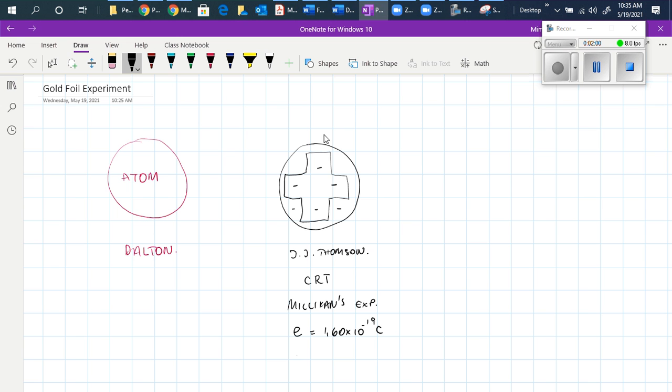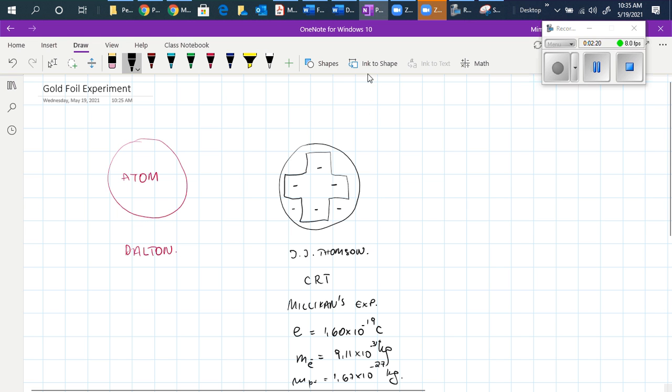The mass of the electron is 9.11 times 10 to the power of negative 31 kilograms, and the mass of the proton is 1.67 times 10 to the power of negative 27 kilograms. Later on, the presence of the neutron was discovered in the nucleus. This was the start of what is known as the subatomic particles of physics.